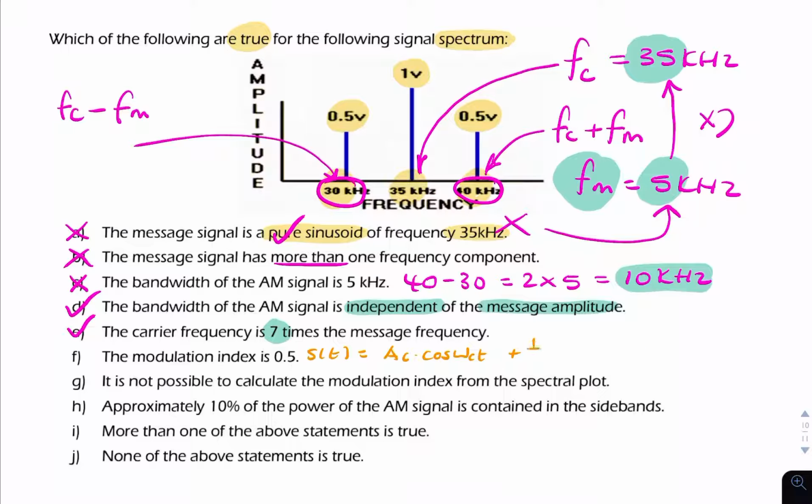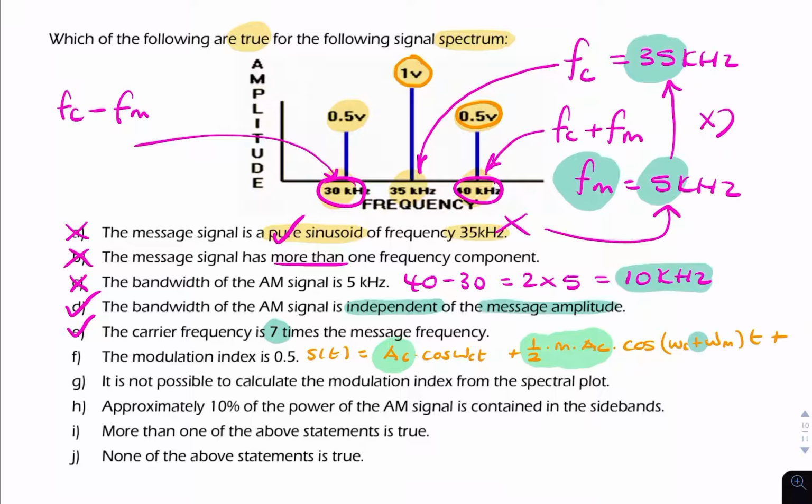So the first sideband would be half times m times Ac times cosine of (omega c plus omega m) t, and the lower sideband would be exactly the same, but with a minus sign. So what matters to us here is this bit. So the ratio of these two is 1 to half m. And the ratio in the spectrum is 1 to 0.5.